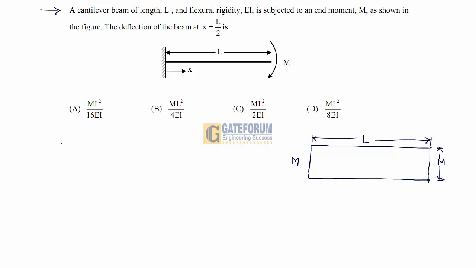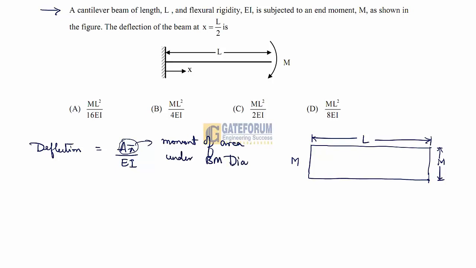As per the moment area method, deflection is given by A x bar divided by EI. This A x bar is the moment of area under the BM diagram.